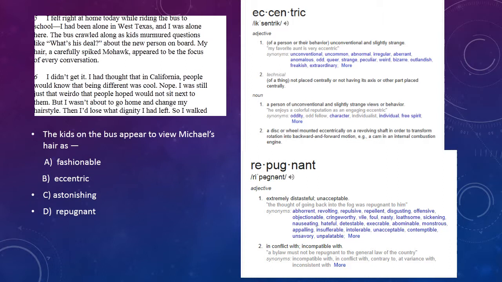So if I look at my definitions, I'm going to decide that eccentric is closest to how they may view his hair. So again, I'm looking at the one-word multiple choices, deciding which words I know versus which ones I don't. If I don't know the words, those are the words I look up. Then I go back into the text and look for clues, ideas on how they may have viewed his hair.